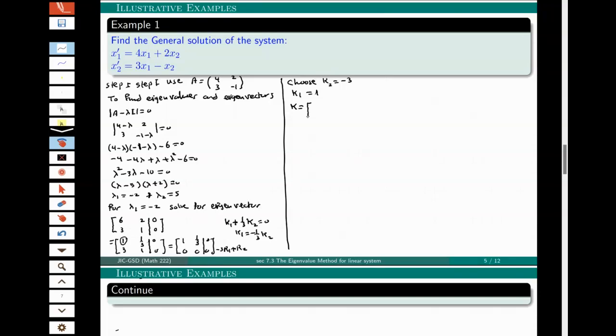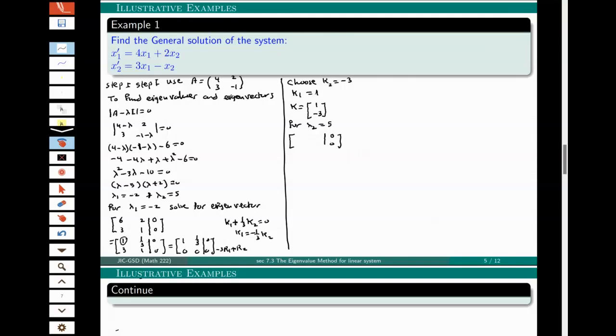So our eigenvector will become 1 and minus 3. Similarly, for the second one, for lambda 2, which is equal to 5, we need to solve for the eigenvector.